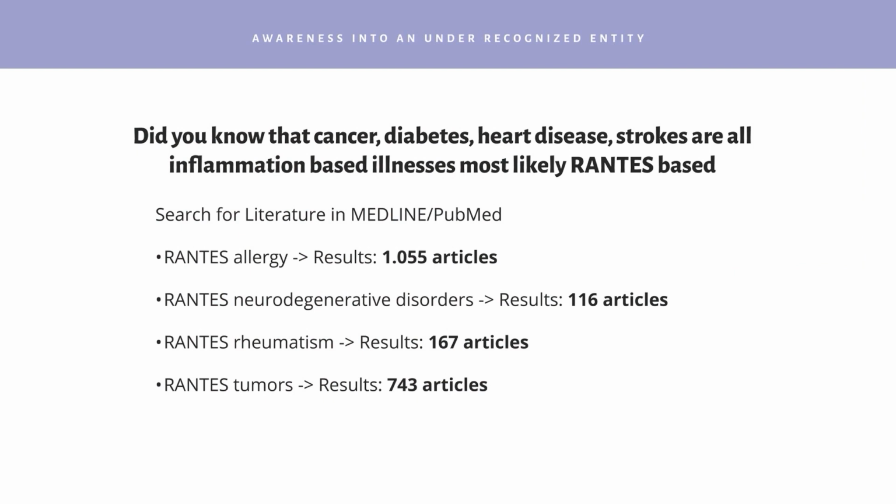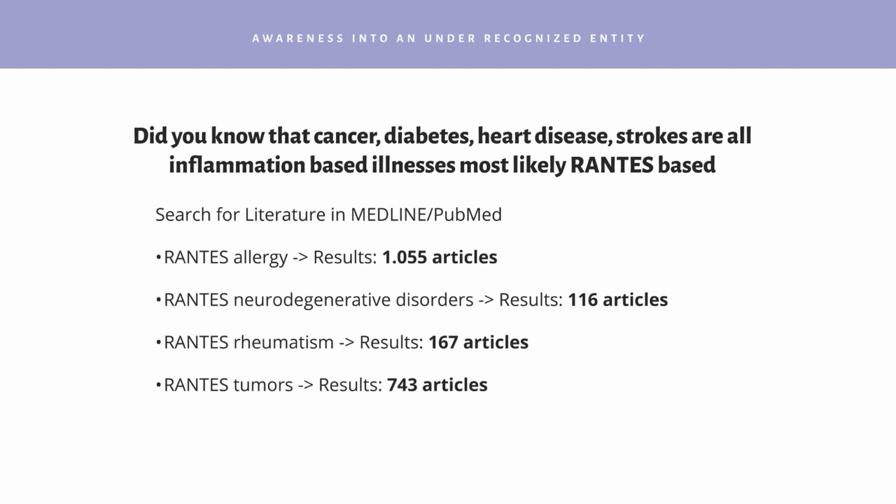So when we do a search for literature in Medline or in PubMed, in case we type in RANTES and allergy, we get 1,055 articles. If we type in RANTES and neurodegenerative disorders, we get 116 articles. If we type in RANTES and rheumatism, we get 167 articles.